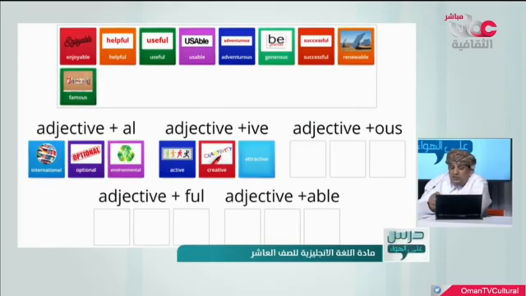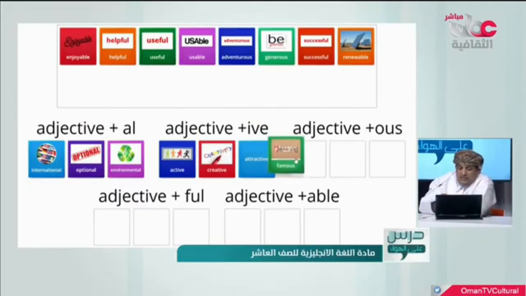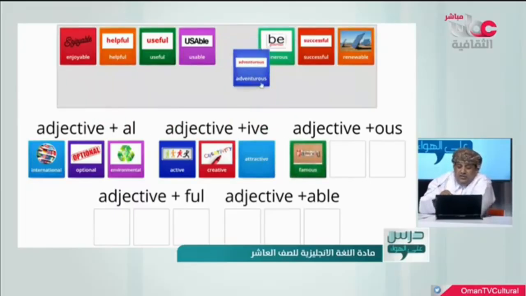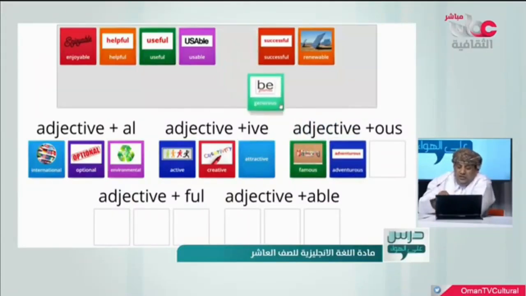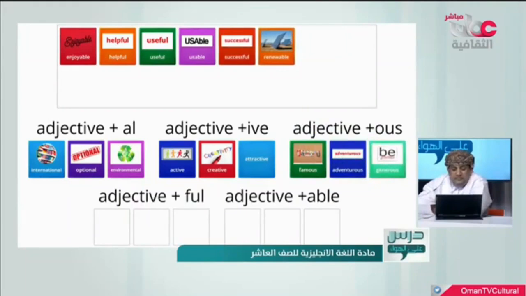Also, I want you to look for adjectives that end in ous. The suffix is o-u-s. Okay, let's look for the words. Here, the word famous. Adventurous, very good. And here, the word generous, very good.